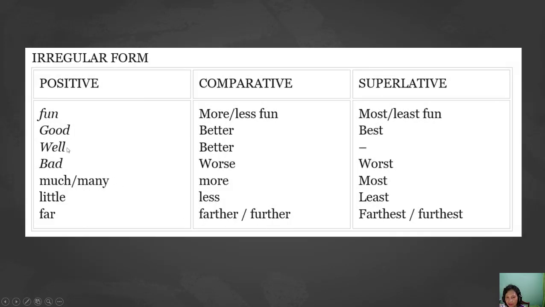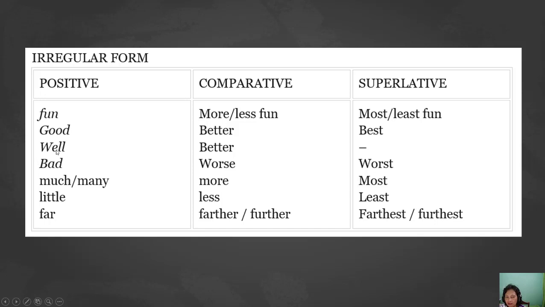You have like this. Fun, we cannot say funner, so we use more. If it is a lesser degree, we can use less. So more or less fun, most or least fun for the superlative. And then good, you have better, not gooder, but better. And then superlative, you have best.